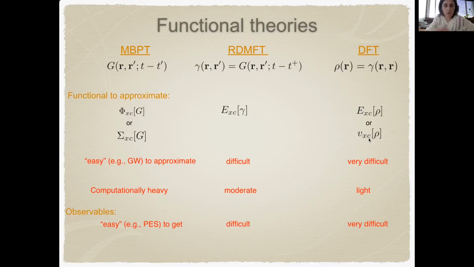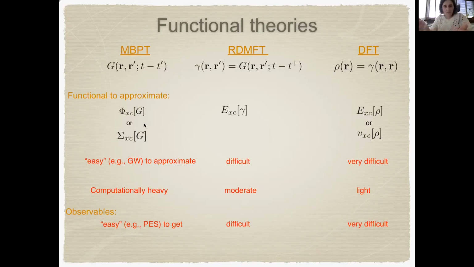So physical intuition is a bit ruled out here. On the other hand, to calculate the one body Green's function, in general, the calculations are heavier than to calculate the RDM, the one body density matrix, or the DFT. So far, this is for the calculation of the basic quantity of the problem.